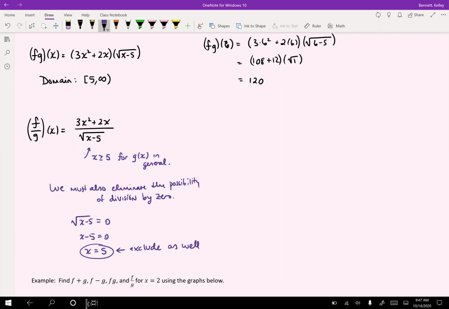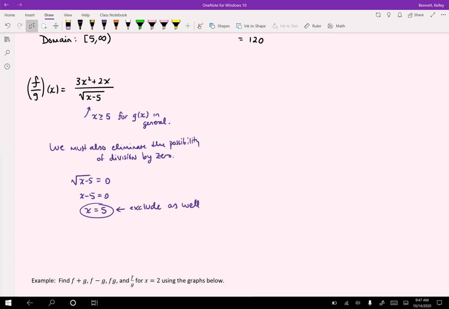So we have a very similar domain, except in addition to being greater than or equal to 5, we're also not allowing it to be 5. So our domain just changes by one single value. So now I have the open interval 5 to infinity.